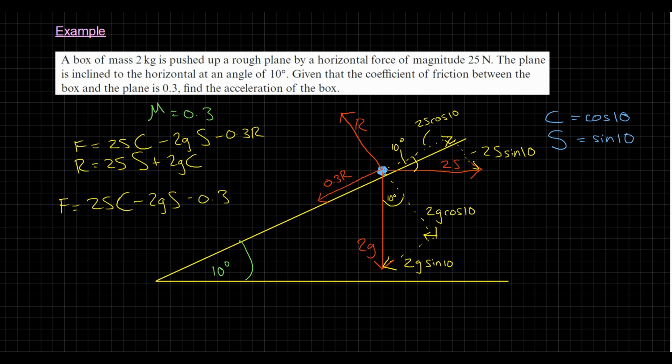25S plus 2gC. So let's actually write here 3/10 R is equal to, what's 3/10 times 25? 7.5. It's a lot of working, this one. 3/10 times 2g gives me 6/10, that's 3/5.